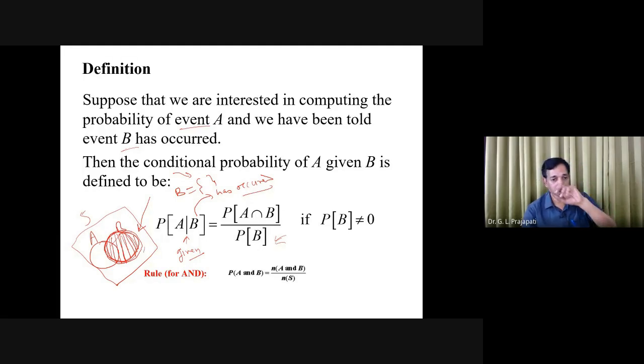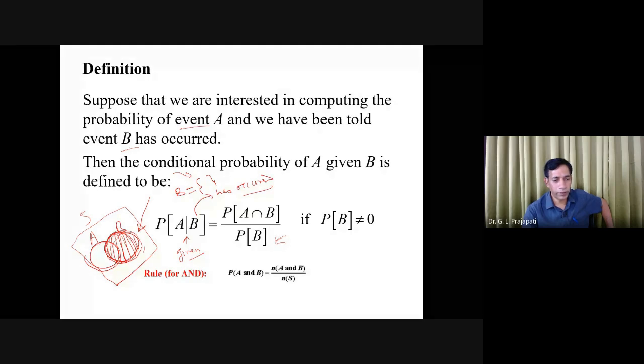And A will occur if and only if whatever event occurred in the set B is in the intersection, in this part of the intersection.